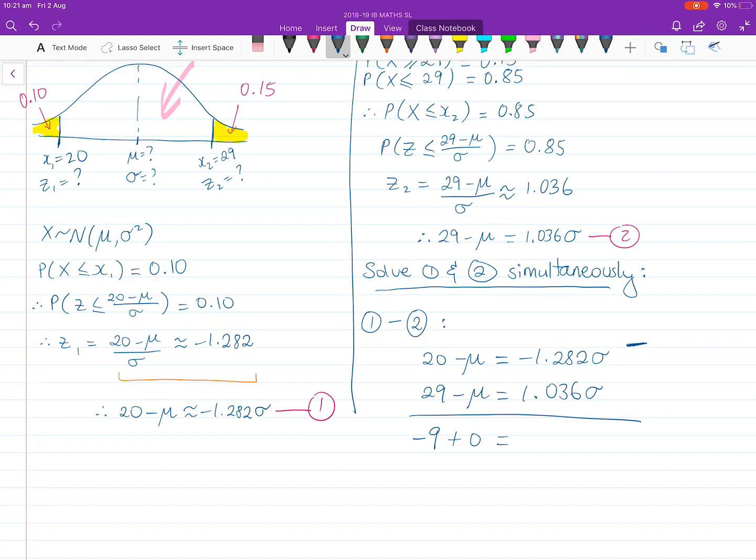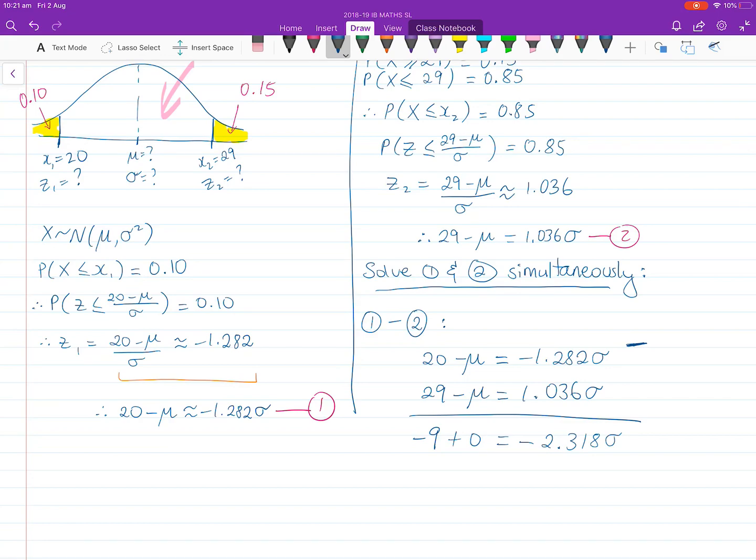And then negative 1.282 minus 1.036. Let me see, what is that on the calculator? Negative 2.318 sigma.